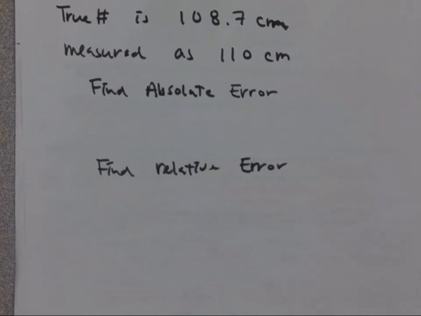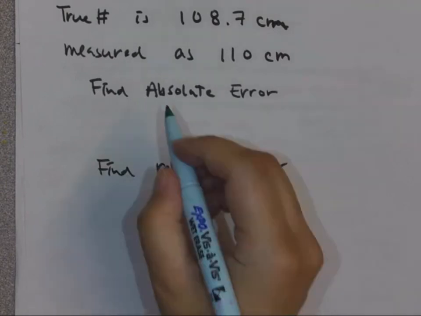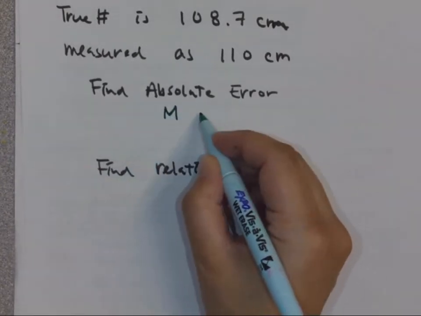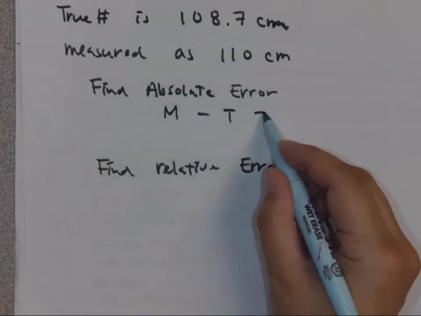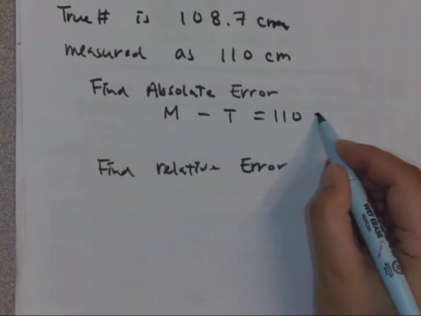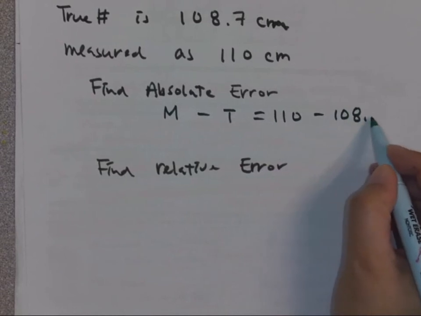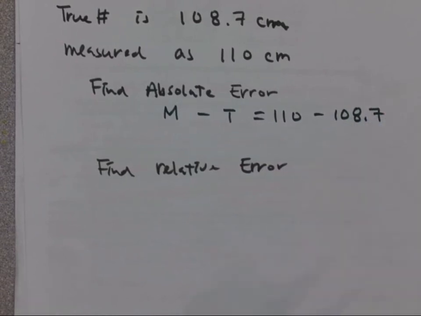For absolute error, the measured value needs to subtract the true value, okay? So your measured value is 110, right? Subtract 108.7 centimeter. So remember, on the test day, you're going to need to bring your calculator. You cannot use the one on your phone, okay?